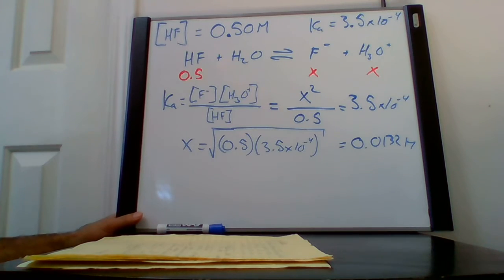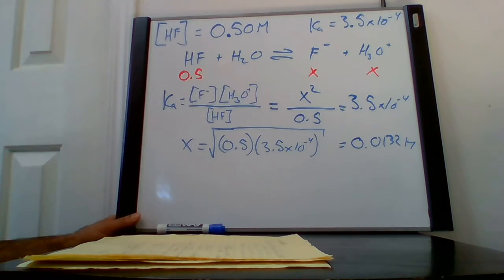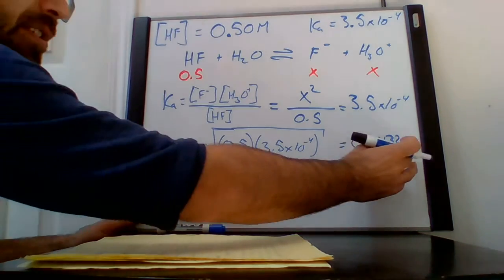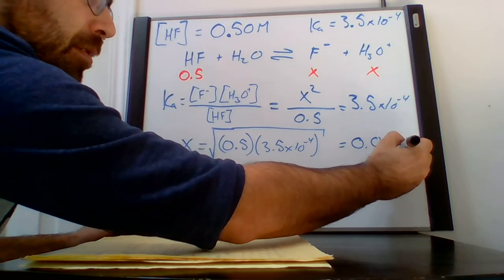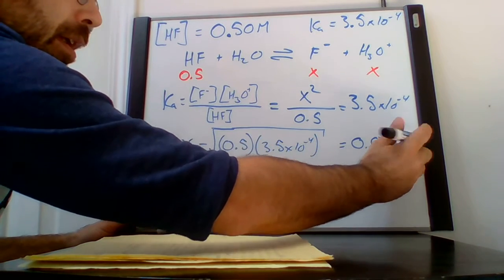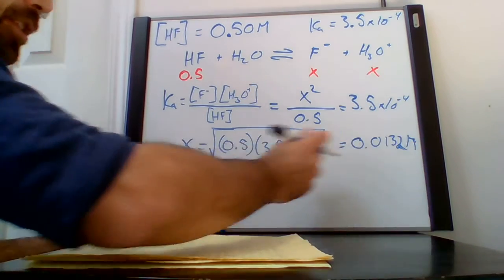Okay. Now, we said X is also our H3O plus, right? So that is our H3O plus concentration. But that wasn't our goal for this problem. Our goal was to find the pH.